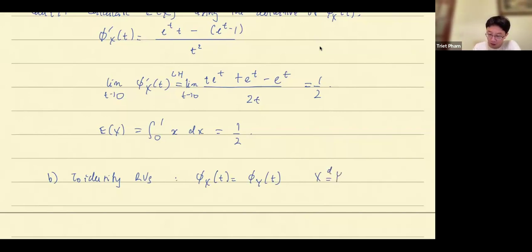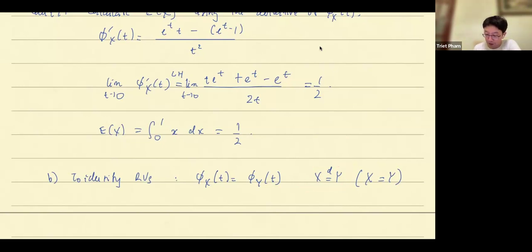This notation means they have the same distribution. And be very careful, we are not saying two random variables are equal. We're saying that they are equal in distribution. For example, if you toss a dice twice, then the first toss and the second toss are not equal in general. However, the first toss and the second toss are equal in distribution. They're both uniform, 1 to 6.